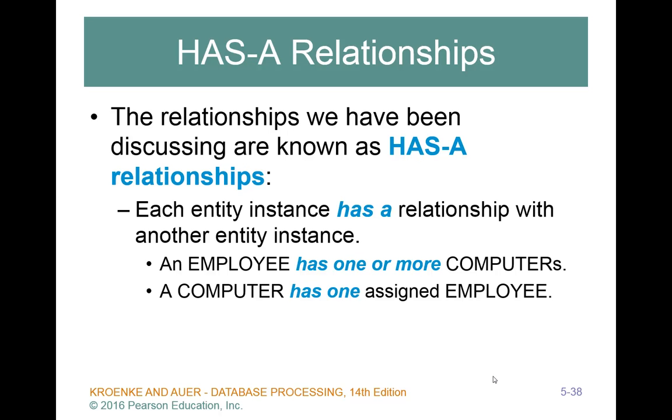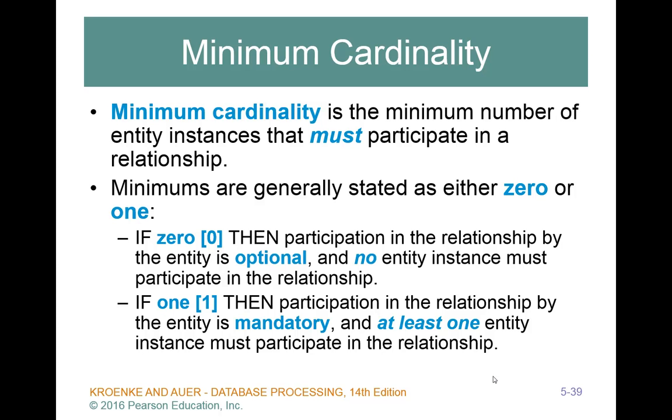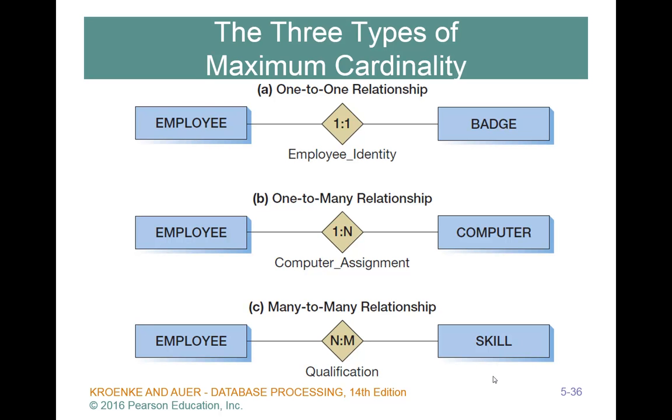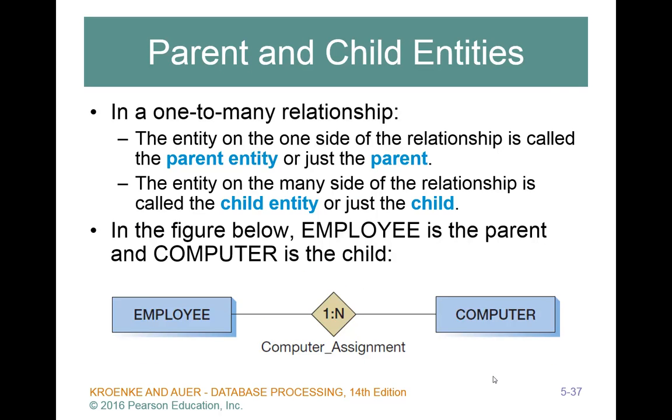But if the maximum cardinality is greater than 1, then each entity has a set of other entities. All right. So an employee, in regards to skills, has a set of skills, for example, and a skill has a set of employees who have that skill. That's our other example here at the end, in our many-to-many relationship.